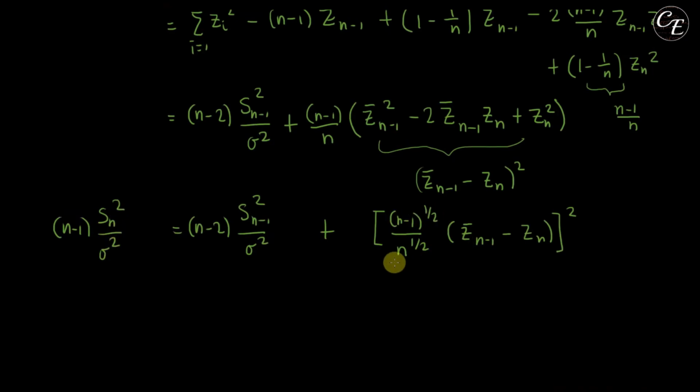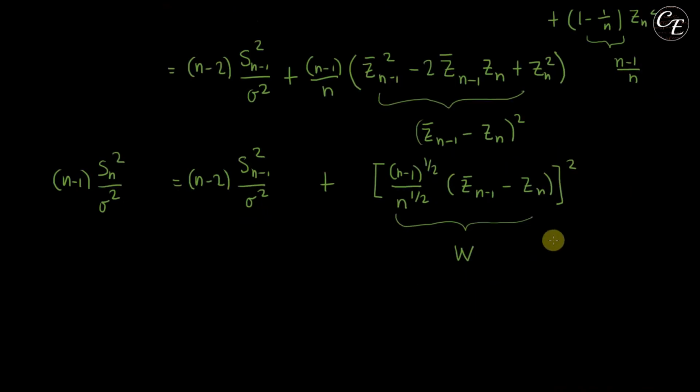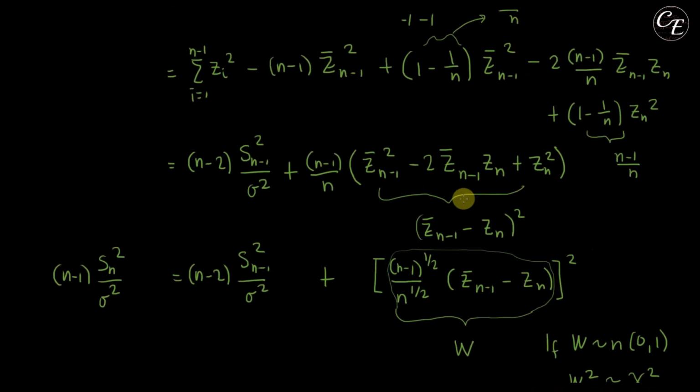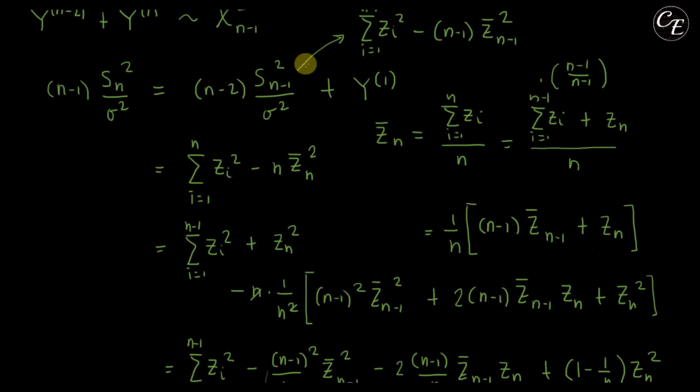Now let us designate this one as W again. And if W has a standard normal distribution, then W squared, which is this whole thing, where we are representing only W for this in here, has a chi-square distribution with 1 degree of freedom. So if this one has a chi-square distribution with 1 degree of freedom, then we prove this one.